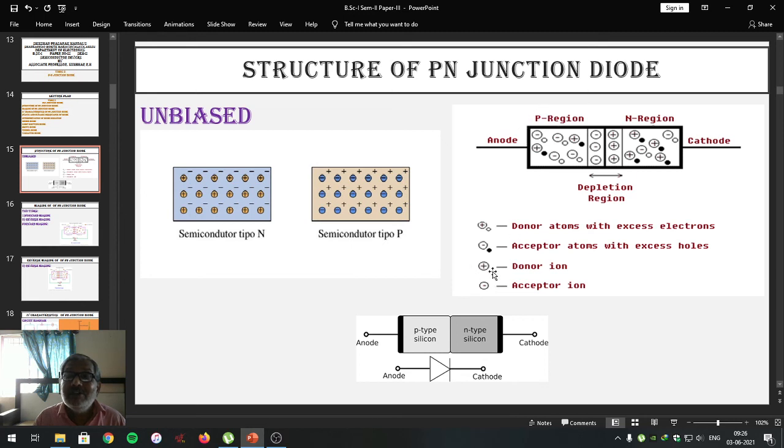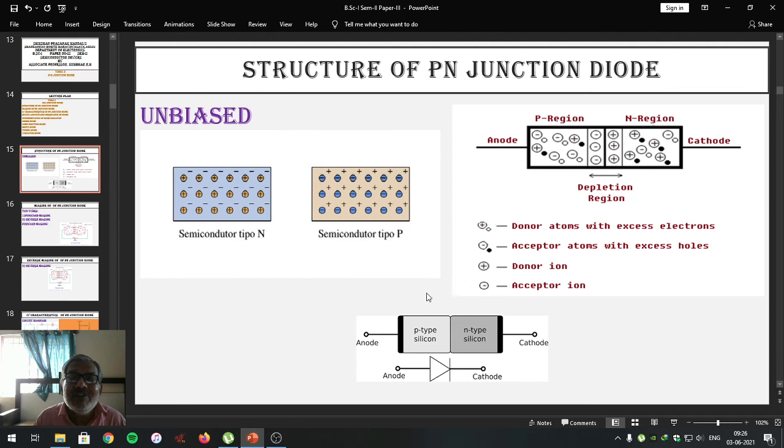This is a donor ion. This is a negative acceptor ion. This represents the excess of electrons. This represents the excess of holes. These structures are represented for your understanding.